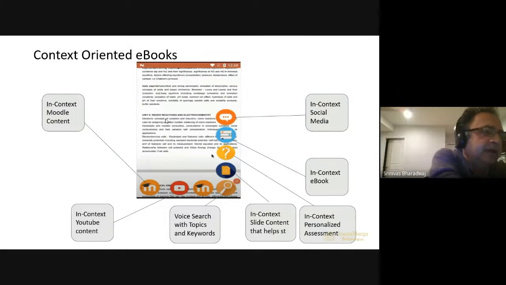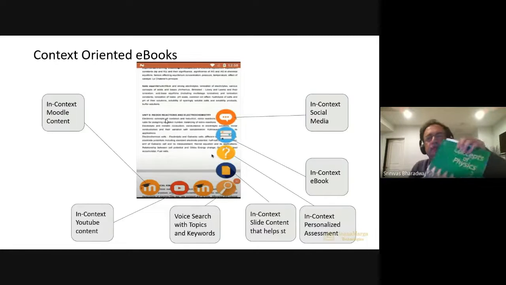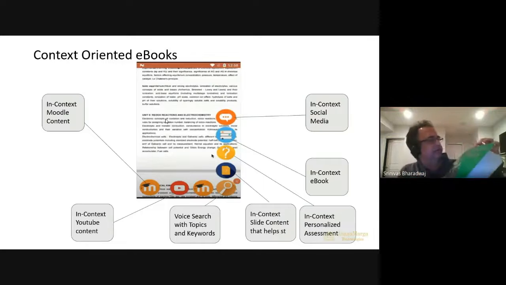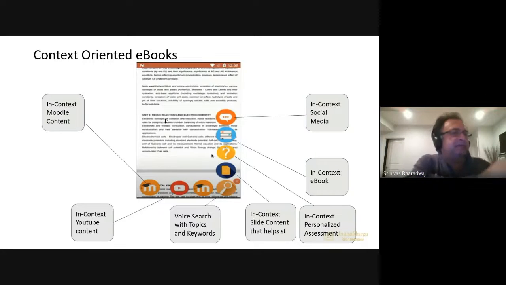I always start with showing students Concepts of Physics by Professor H.C. Verma, right? So we advise students to use our books in the following way. We start with the syllabus. Let's say you are studying today's material, you attended this lecture, and you want to brush up and learn about electrostatics and Gauss law.